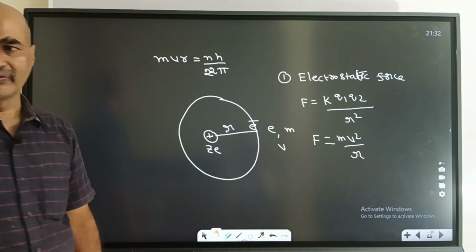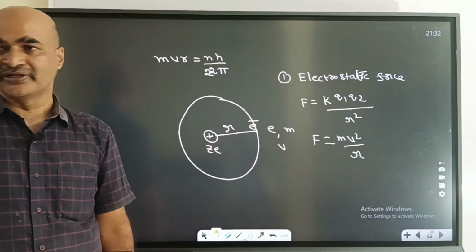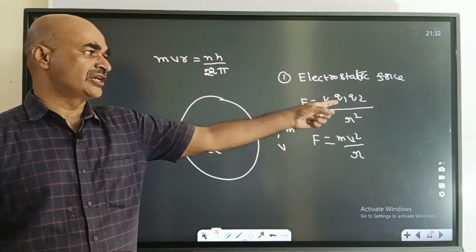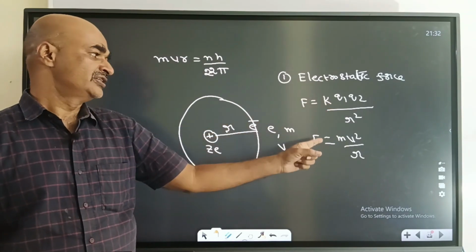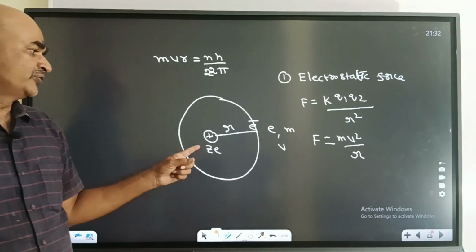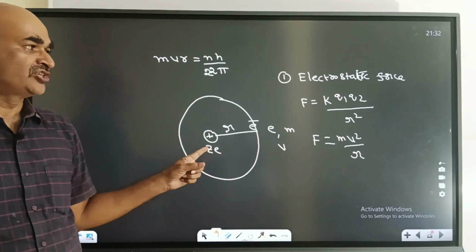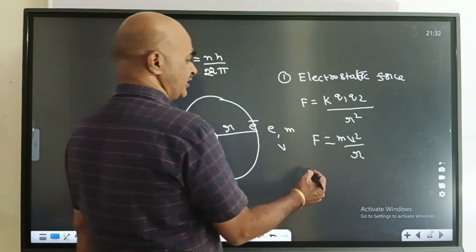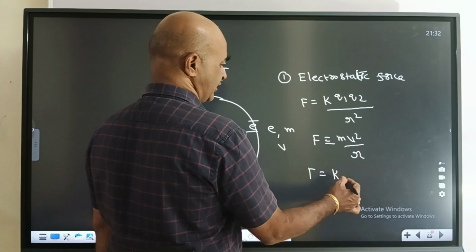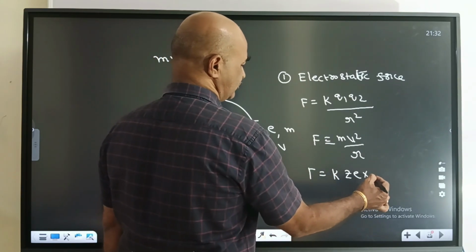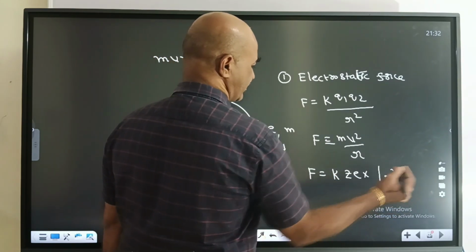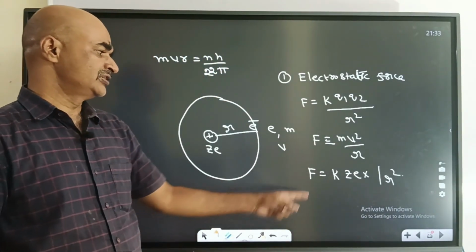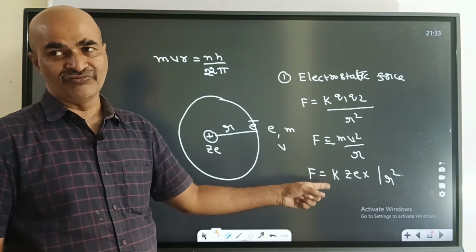This is the electrostatic force, or centripetal force, where Q1 is the charge on the nucleus, Ze, and Q2 is the charge on the electron, e. Therefore, F is equal to K into Ze into e divided by r square.